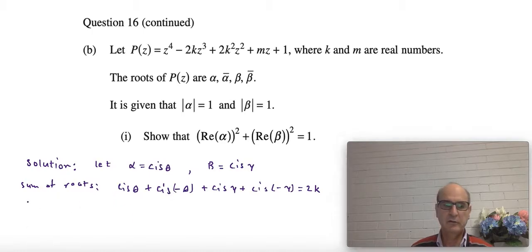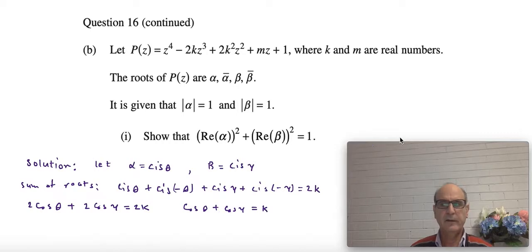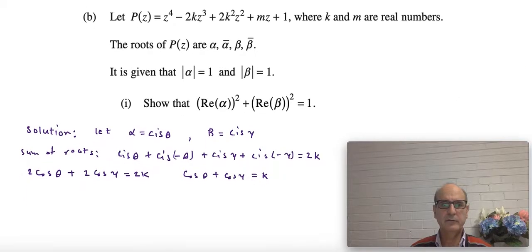So we get 2 cos theta. The same for this one, 2 cos gamma, equal to 2k. Then dividing both sides by 2, we get cos theta plus cos gamma equal to k. That is for the sum of the roots.